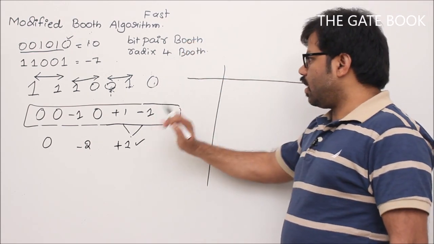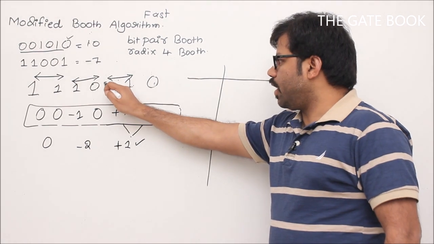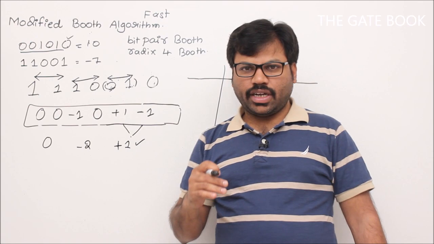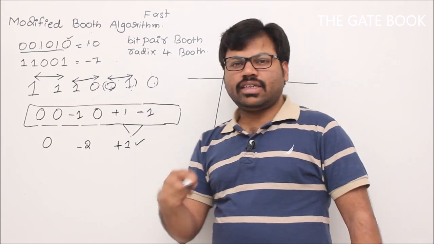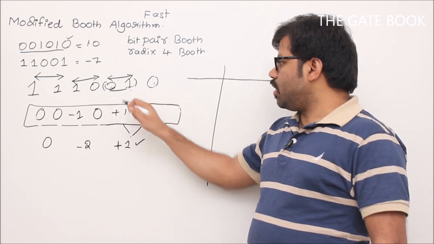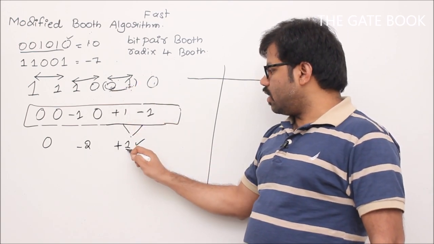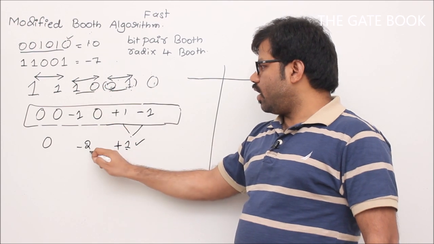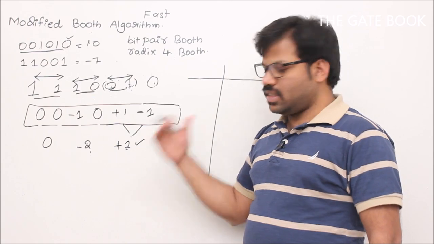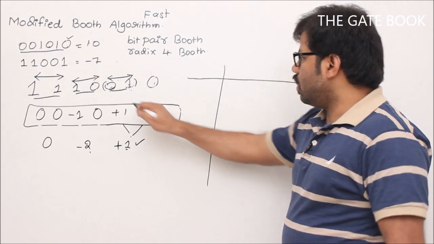Let's say currently we are considering this pair of bits. Remember one thing, generally in our multiplication we take every bit and take the decision, correct? But in this one we will be pairing the bits. That means for these 2 bits only one decision, for these 2 bits only one decision, for these 2 bits only one decision. But what is the decision?